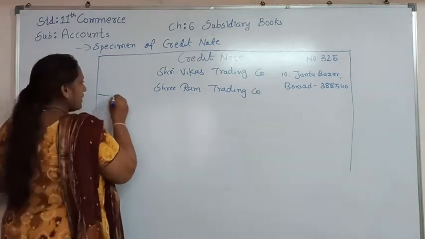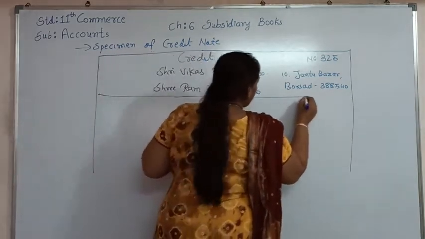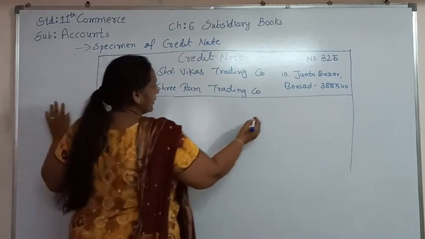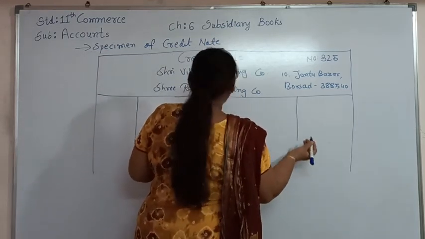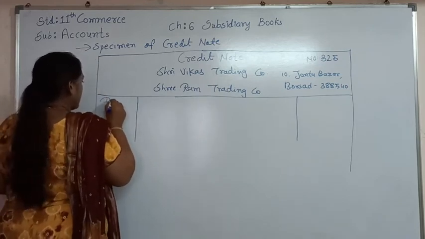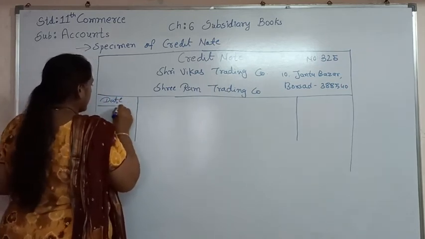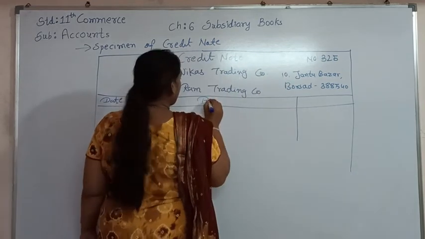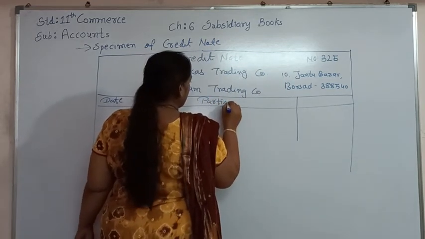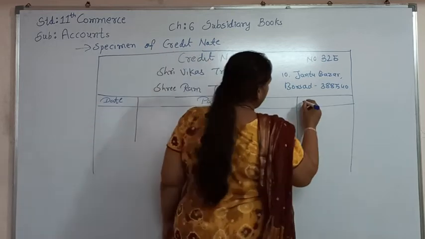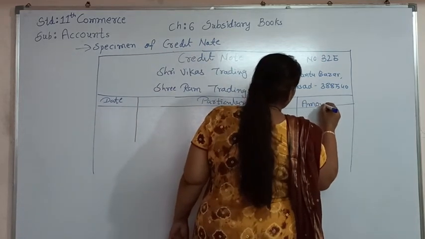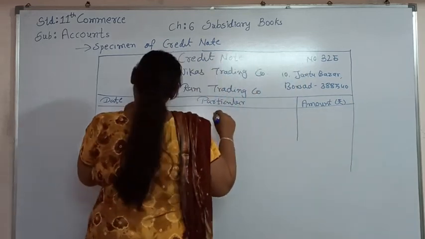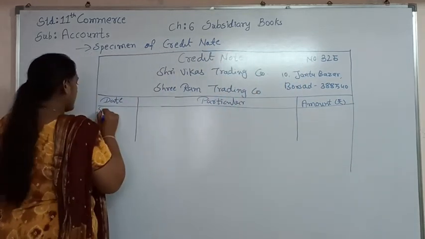Now here again we are going to make columns for the date, then particulars, and then amount in rupees.